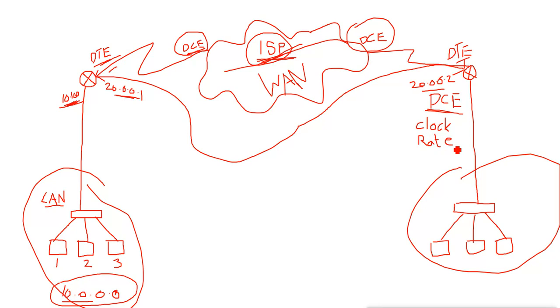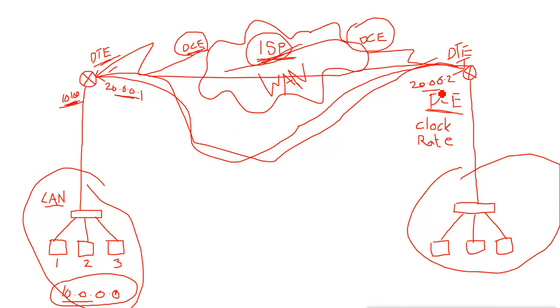So basically the configurations are like this for the WAN network, but for testing purposes in Packet Tracer we can connect our serial port directly from one router to the other router, and in that case both the DTE and DCE sides are on our side. On one side it will be DTE, so the other side will be DCE.